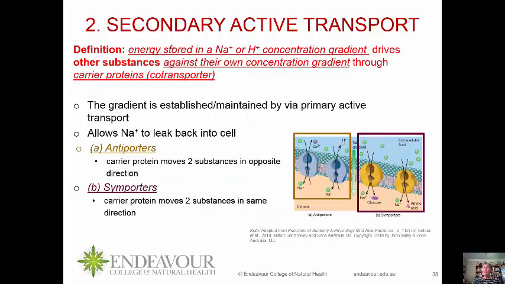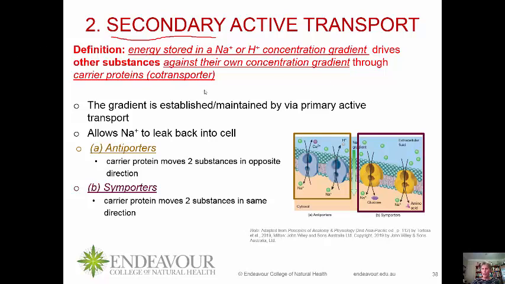Okay, the next one is secondary active transport. What it is, is the energy that is stored in the sodium or hydrogen concentration gradient drives other substances, other than sodium or hydrogen, against their own concentration gradient through, once again, carrier proteins.